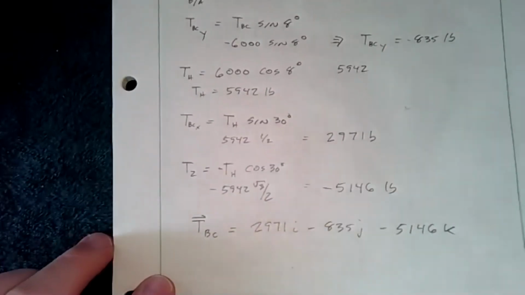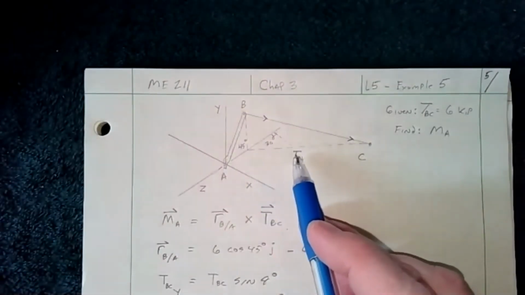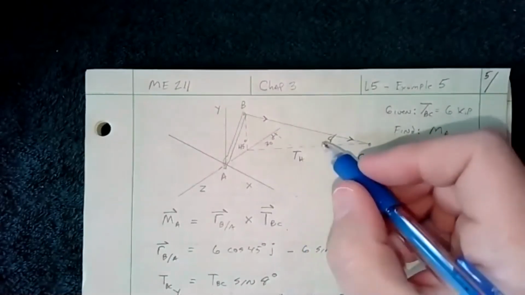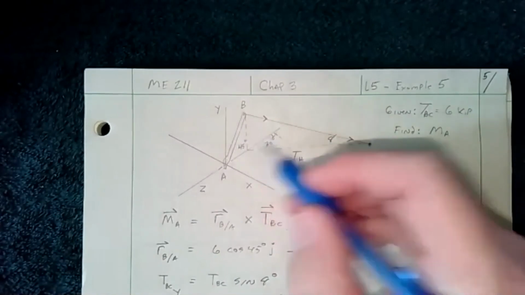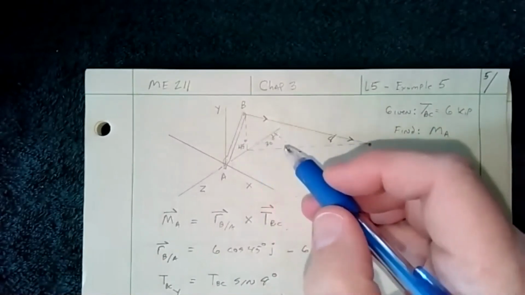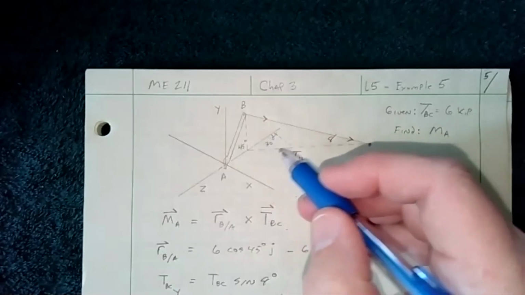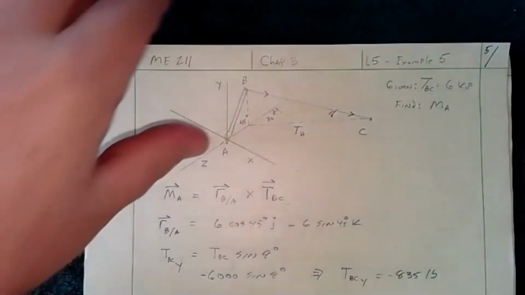All right, so you can rewind and look at how I got that, but it's pretty straightforward. You find TH from the 8 degrees, and you find the Y is just the opposite side here, and then you use that 30 degrees to find your negative Z and your positive X. And we already have RB relative to A, so now it's just a matter of doing the cross product.